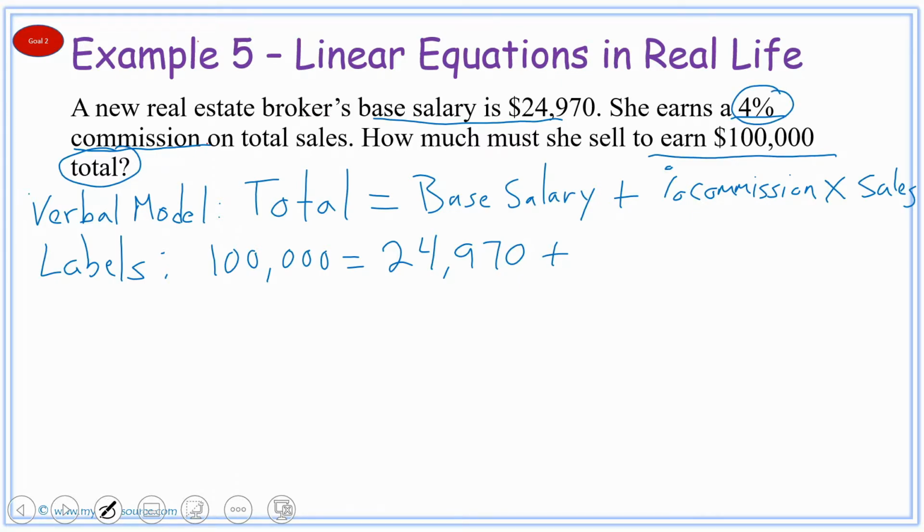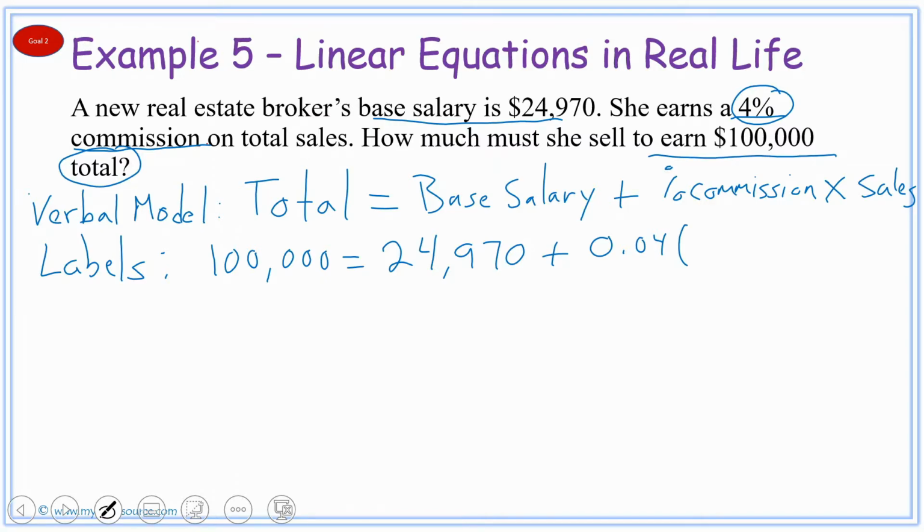If you have a calculator that can do it in percent form, you could just do that. But most calculators actually require you to convert it yourself. So 4% as a decimal, remember percent means per hundred, so 4 out of 100 or 4 hundredths, which is the same as 0.04, times the amount of sales.